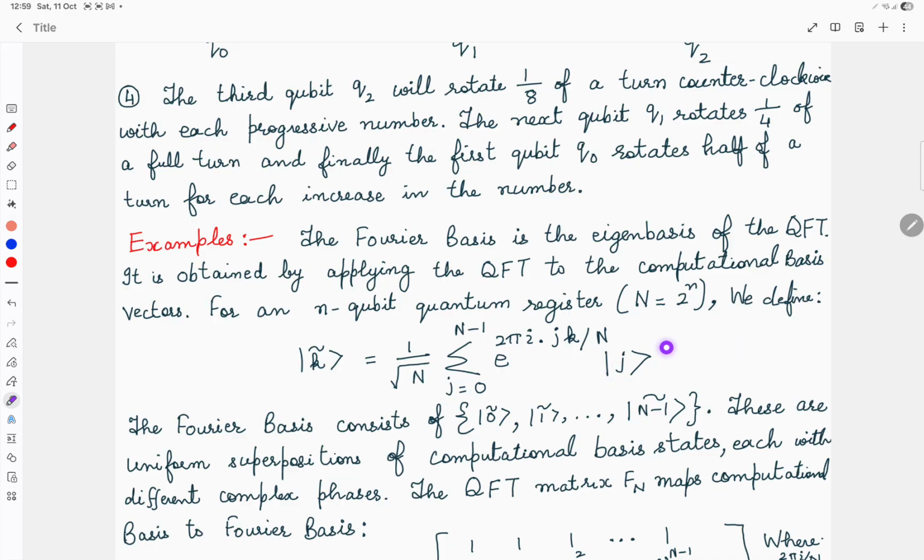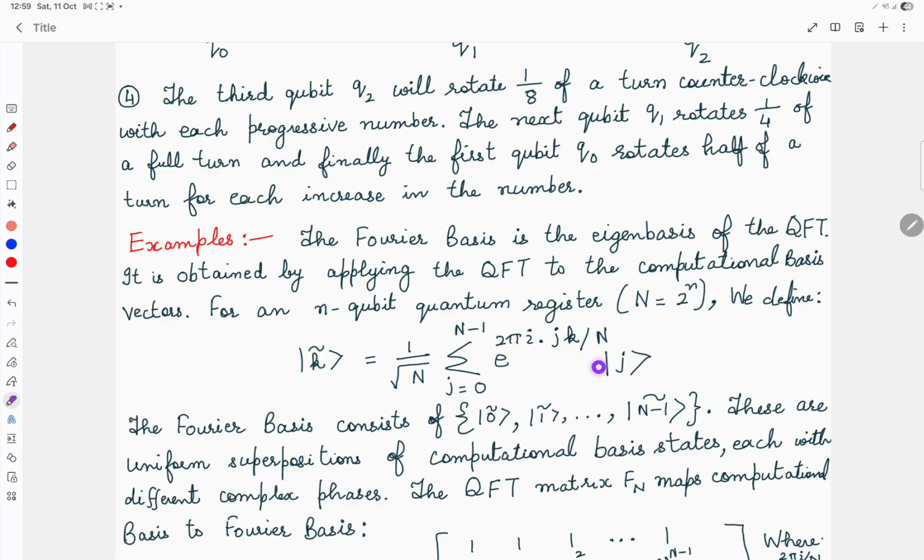If we consider two qubits, ket J will have the values ket 00, ket 01, ket 10 and ket 11. Capital N represents the number of computational basis states, and small n is the number of qubits. So the number of computational basis states will be equal to 2 raised to the power n. So 2 raised to the power of the number of qubits will give me the number of eigenbasis states.